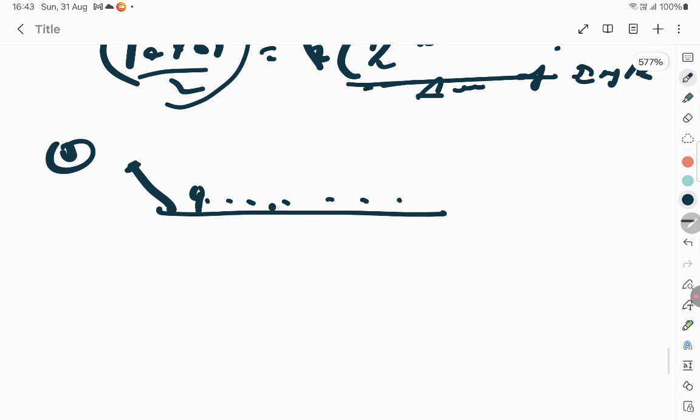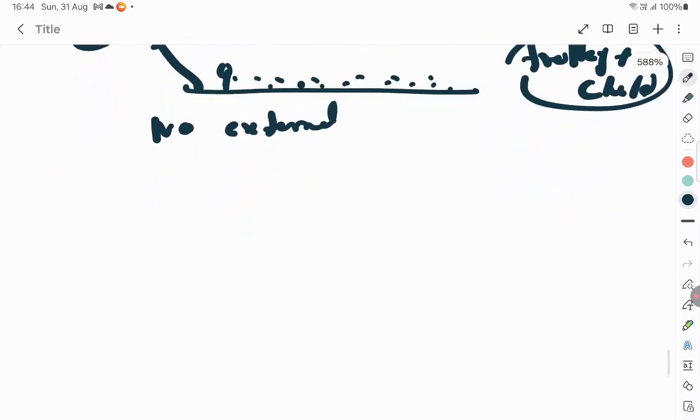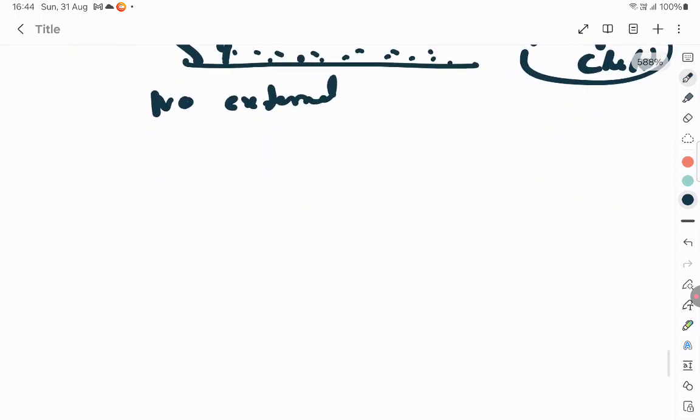Even though the center of mass is getting shifted as the child moves, the whole system is trolley plus child, and any change in the internal system will not change the velocity. There is no external force here. The child only is moving, which is only a change in the internal system. So since there is no external force, there will be no change in the velocity. That's the answer for the third question.